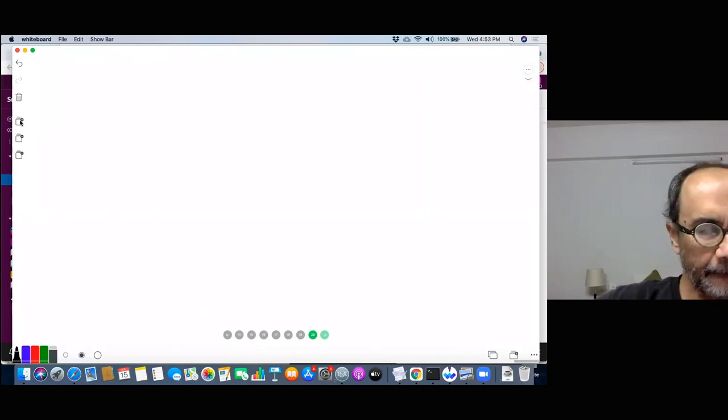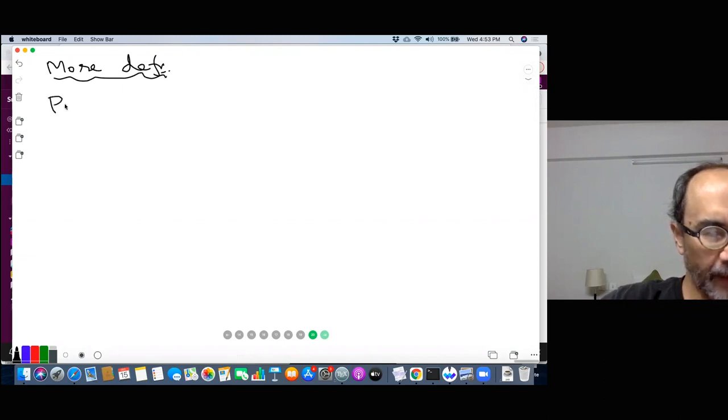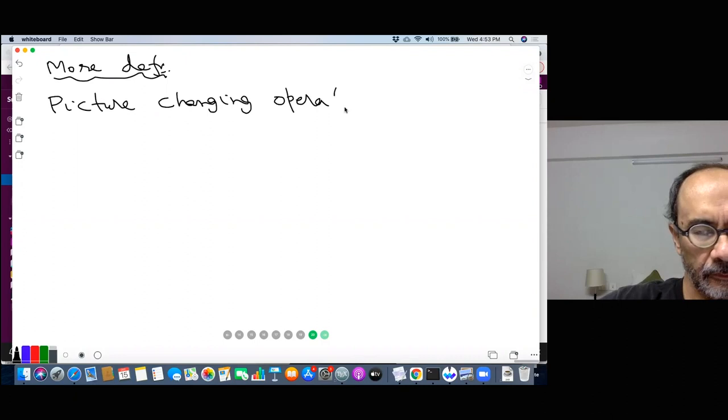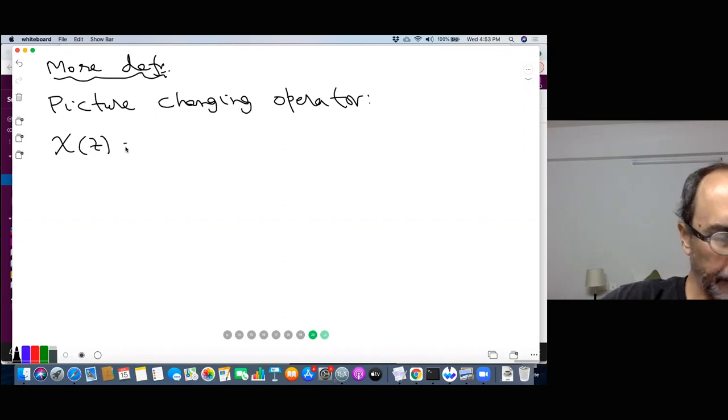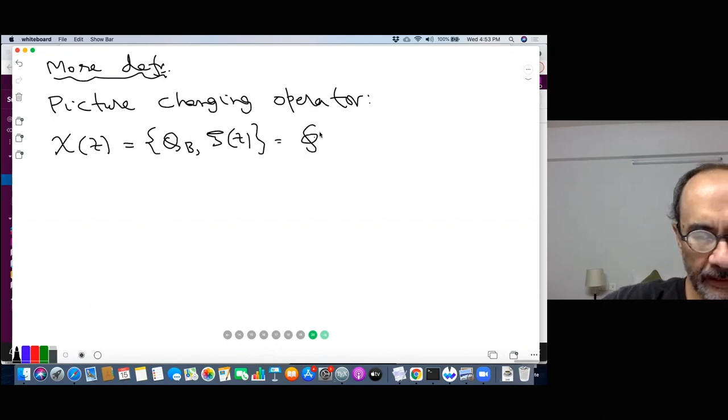Okay, now more definitions. Picture changing operator. So chi of Z will be defined as the anti-commutator of QB with xi of Z. We can also think of this as the holomorphic part, so you can only use the JB.